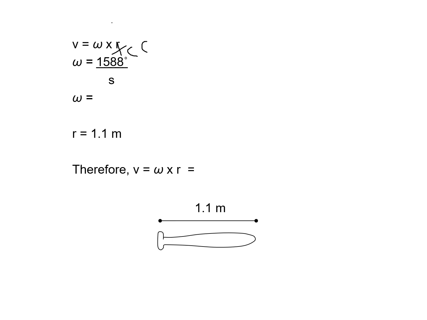We can then calculate the velocity of the ball, which is equal to the angular velocity times the radius of the bat. The bat is 1.1 meters. We first convert our degrees to radians.